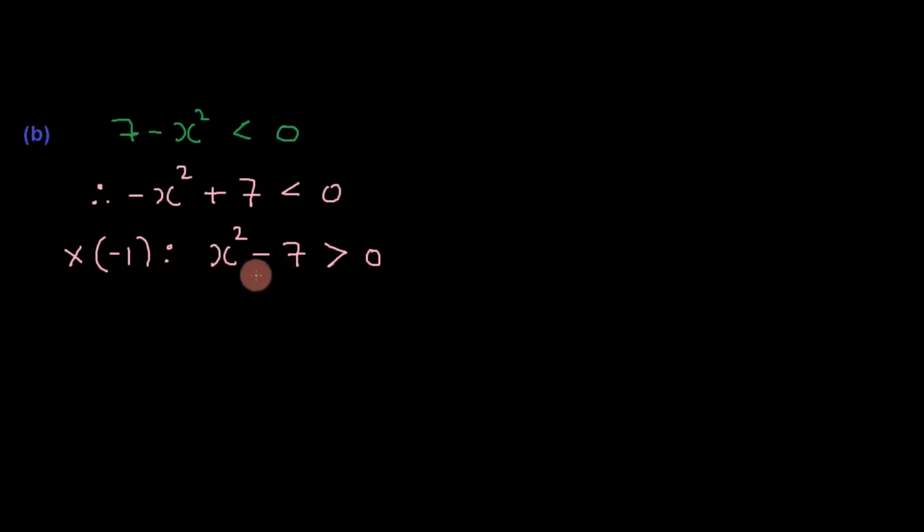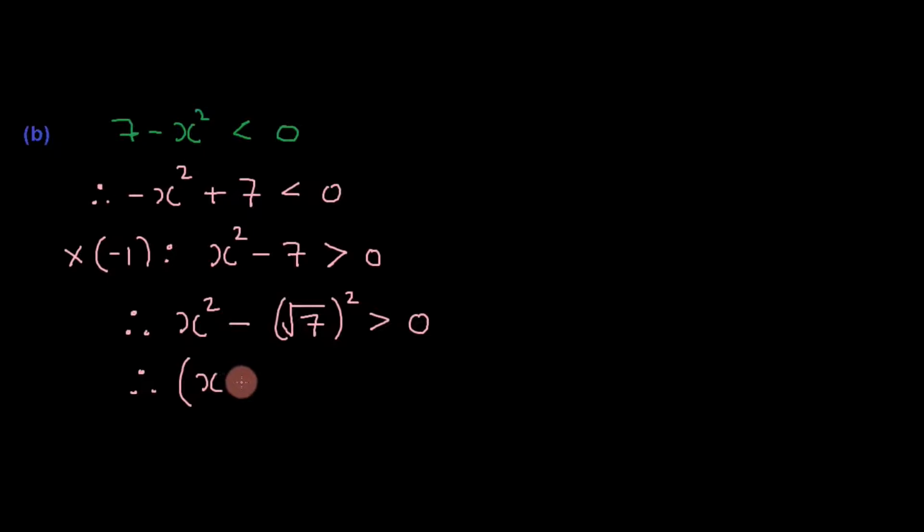We don't have a difference of squares here, but we can create one. So we can write it as x squared minus the square root of 7 all squared. And that's greater than 0. Now we can factorize as a difference of squares.